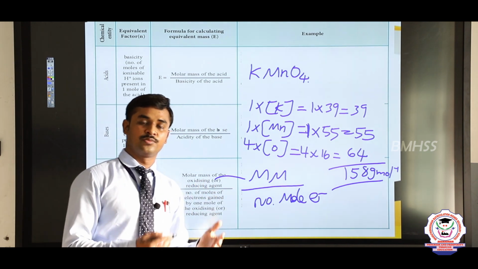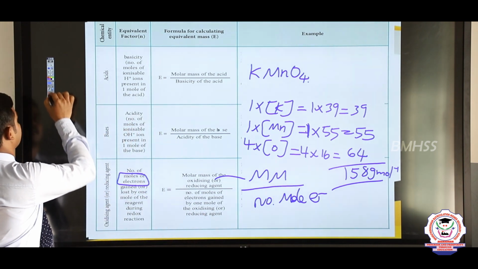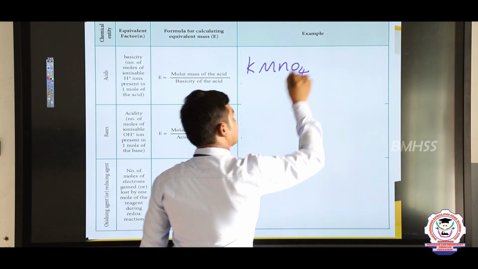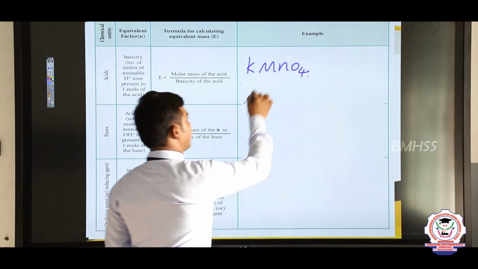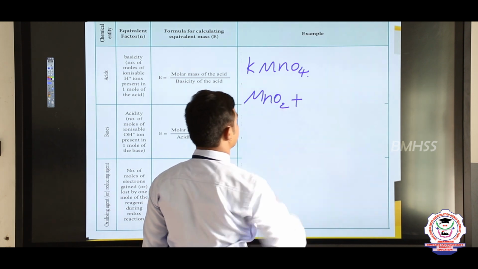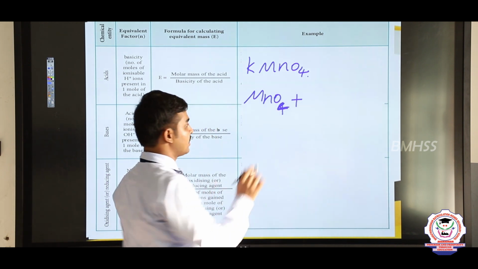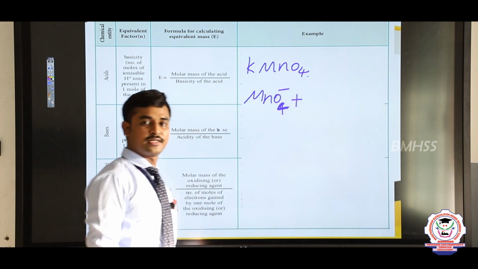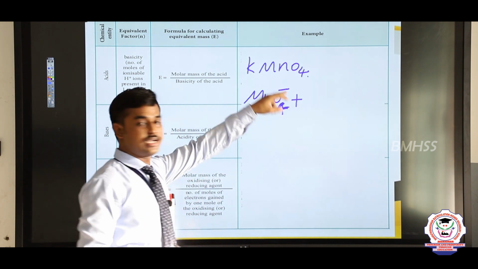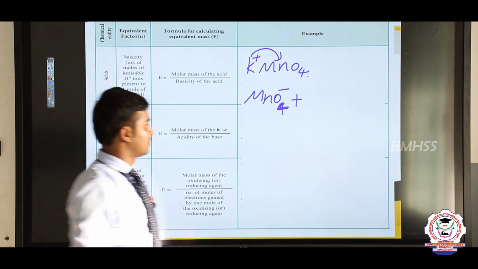To calculate the number of electrons in potassium permanganate, we need to write the reaction. Let's take KMnO4. It can lose electrons, forming Mn2+ alone. MnO4 has 1 extra electron, represented by the minus sign, and potassium gives the electron to MnO4, so the potassium ion has the plus sign.